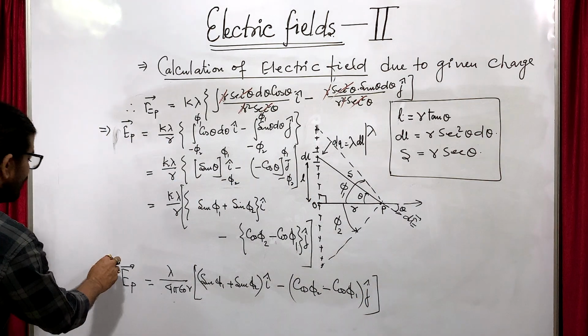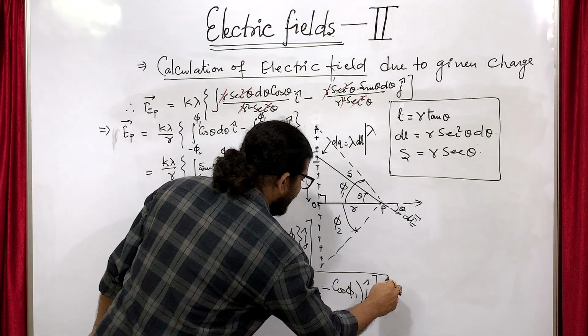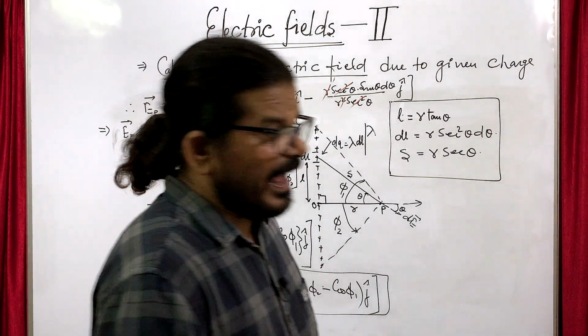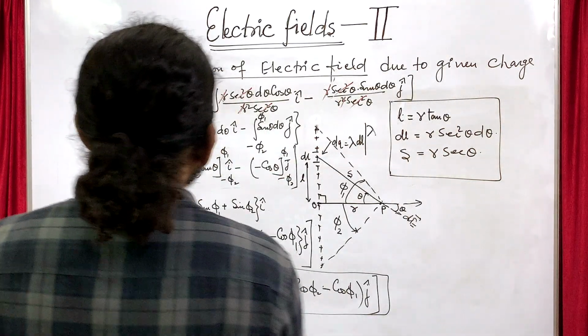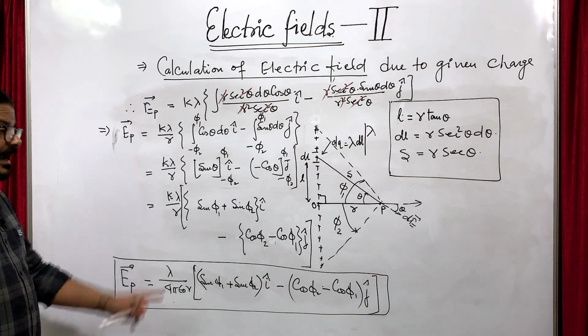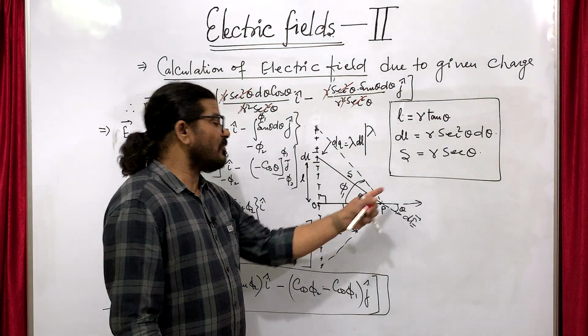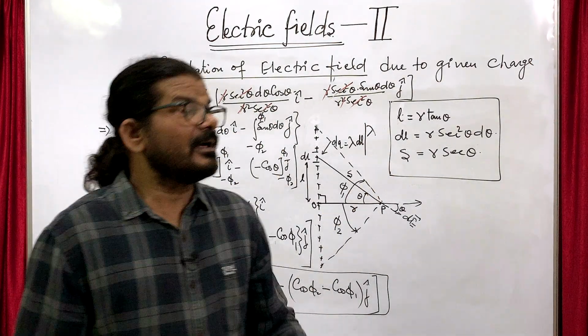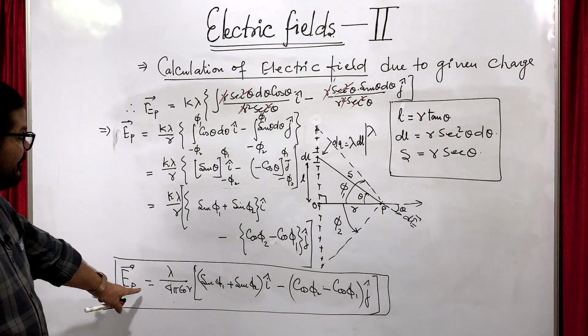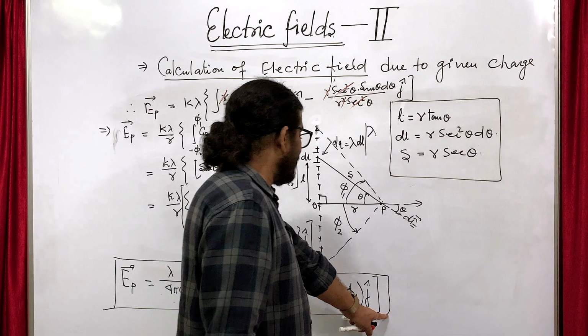So this is the general formulation. If the charge distribution is given as finite length, then at a particular point situated at a perpendicular distance r from the charge distribution, the electric field can be calculated in this way.